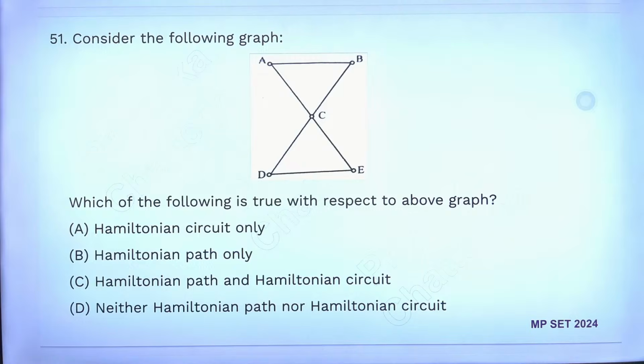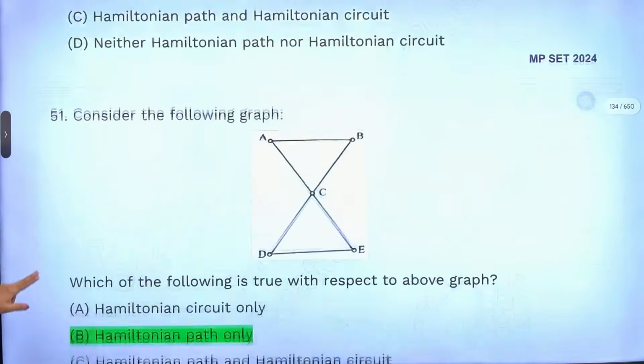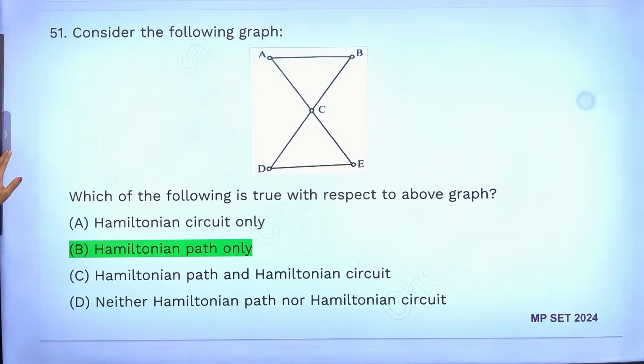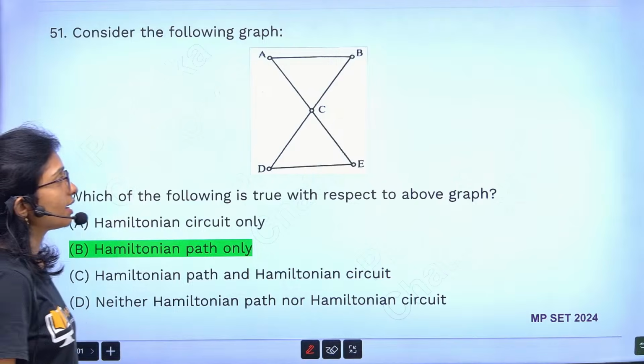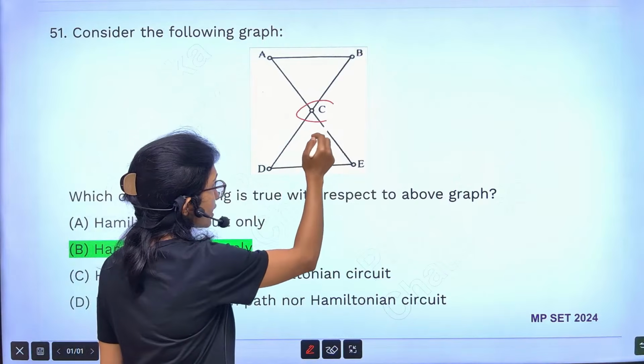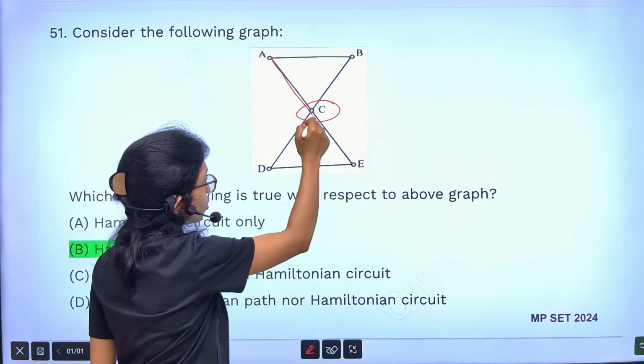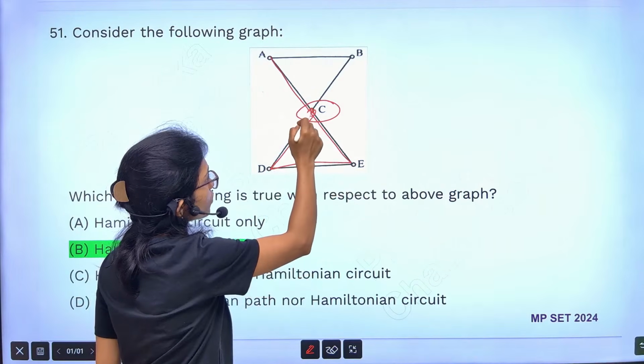So consider the following graph. Which of the following is true about this graph? Here it is a Hamiltonian path only. Because whenever this type of graph, it has an articulation point, through this circuit only you have to go here, then to come here you have to visit this one.